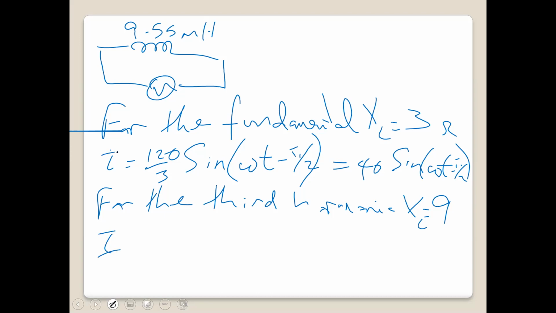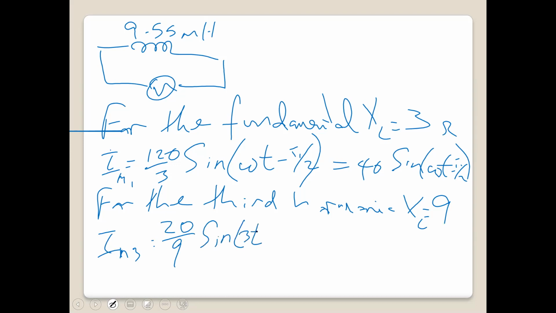I should put that as IM3. What's the component here? 120 divided by 9. No, times. 120 was the fundamental. So what's the third harmonic? Oh, 20. So we have 20 over 9 sine 3 omega t.